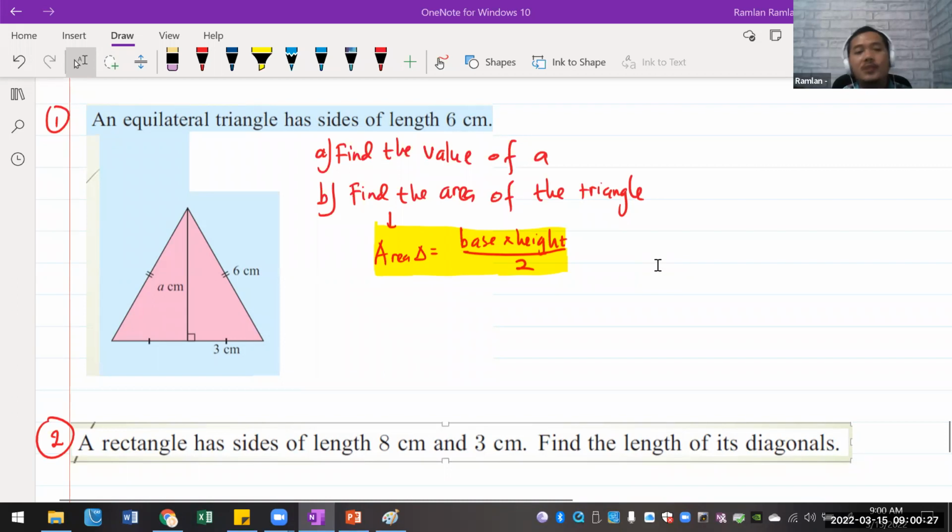So for number 2, please write the question and then draw it. I'm gonna add some instruction: draw the figure. Okay, only 2 questions for today, guys. I hope we can finish this.